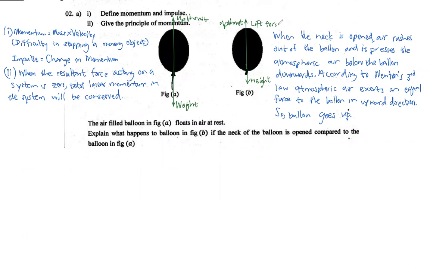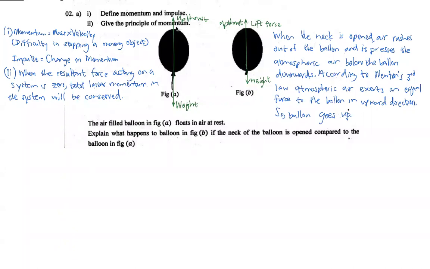That is because the atmospheric air at the bottom is pushing it upwards. Amjad, did it clarify? You wanted me to draw a free body diagram. It is not because of capital R that we learned; it is because of the lift force it gets as the atmospheric air pushes it up.